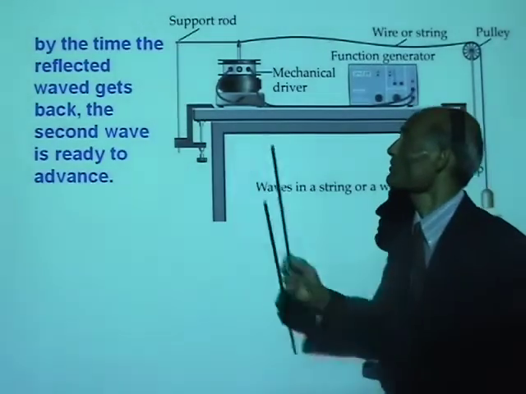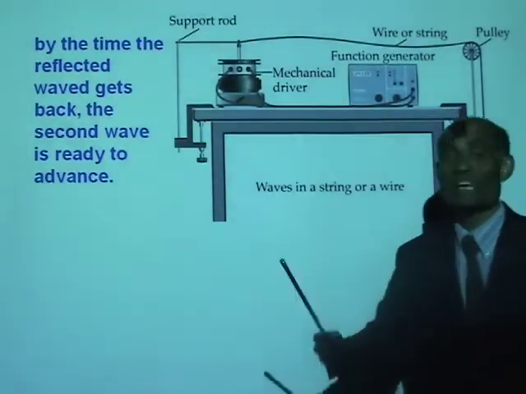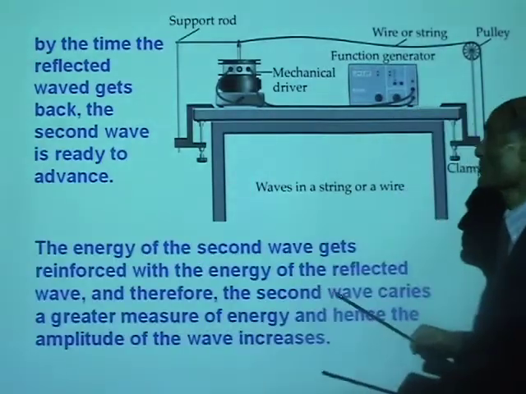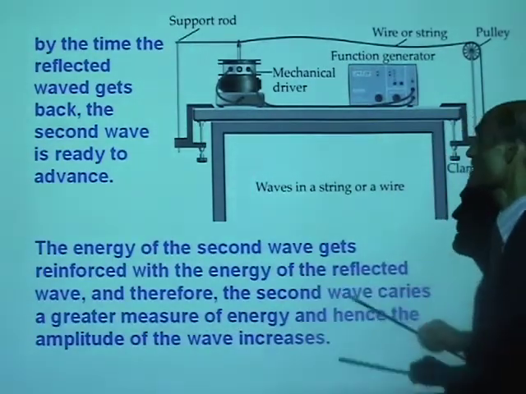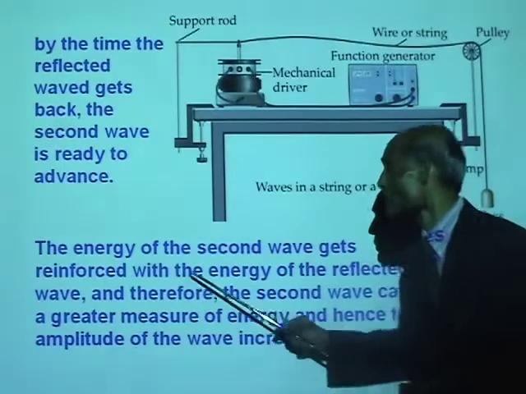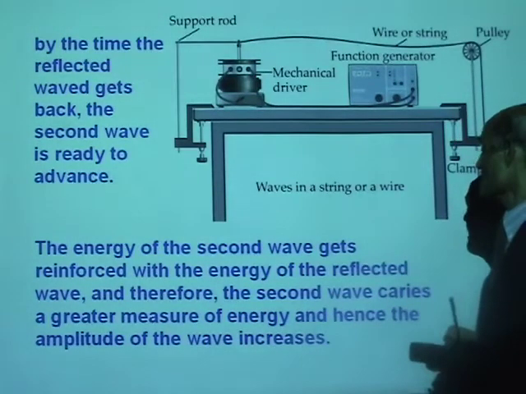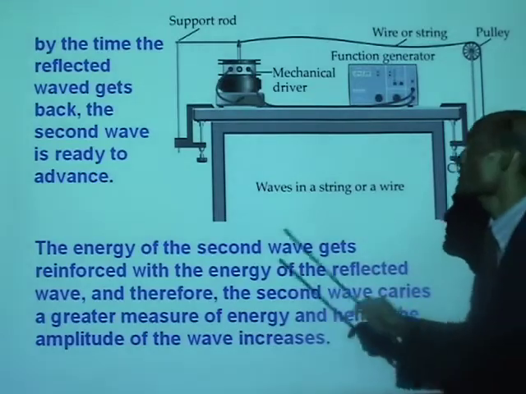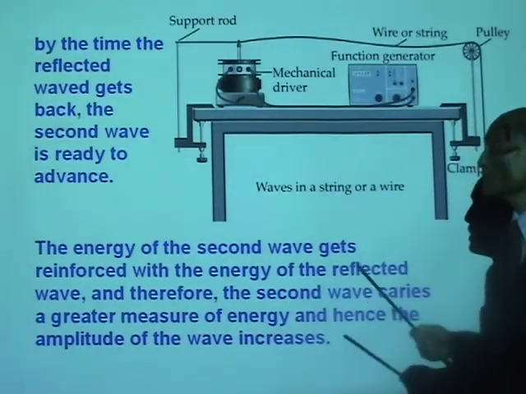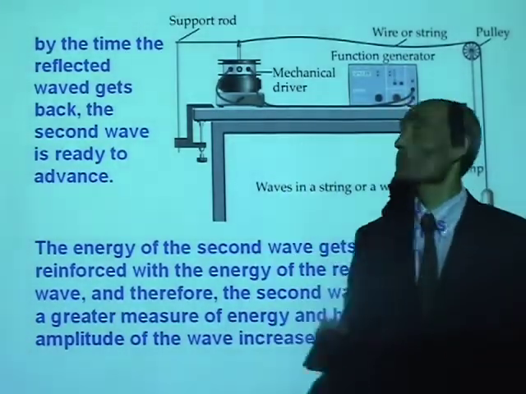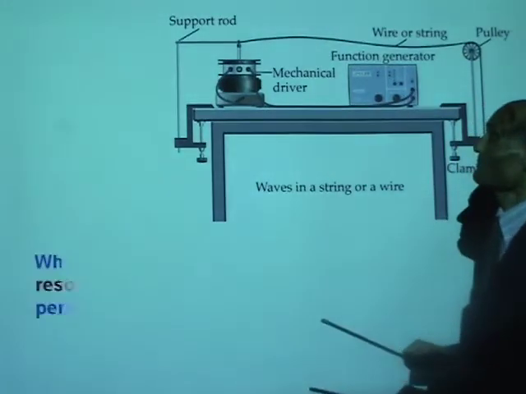So by the time the reflected wave gets back, the second wave is ready to advance. And the energy of the second wave gets reinforced with the energy of the reflected wave, and therefore the second wave carries a greater measure of energy, and hence the amplitude will increase.